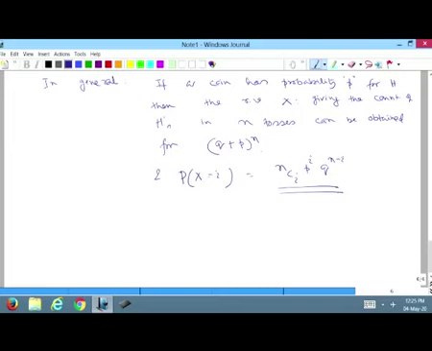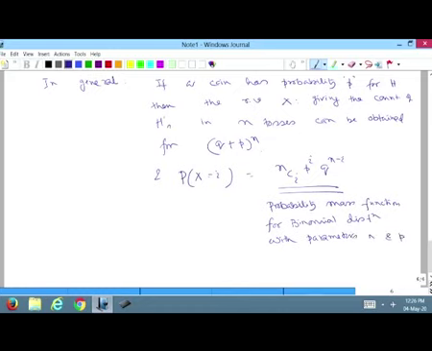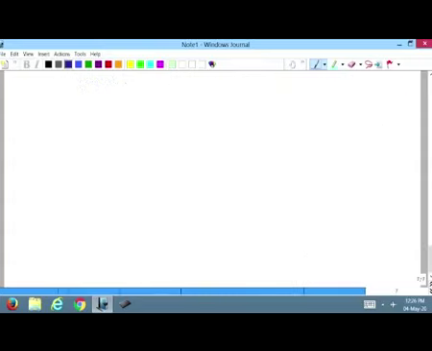This is called the distribution or probability mass function for binomial distribution with parameters n and p, which we often write as binomial (n, p). So, let us solve a few problems.